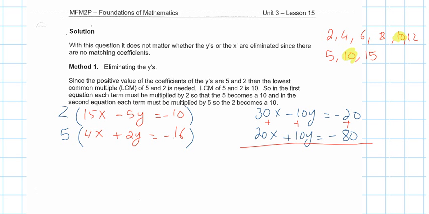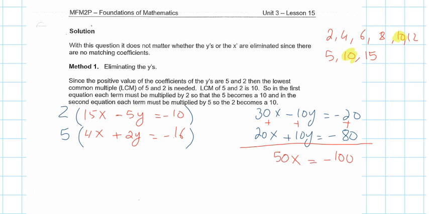So to add, that's going to be 30x plus 20x, that's 50x. If I do negative 10y plus 10y, that's 0. Equals negative 20 plus negative 80, that's negative 100, because I'm adding negative 20 and negative 80.